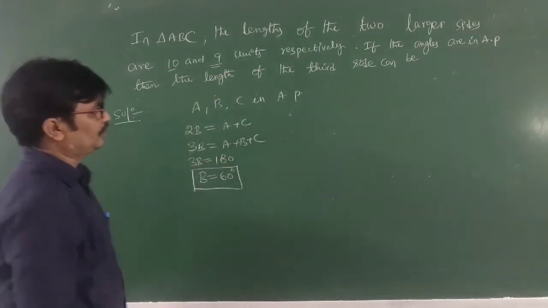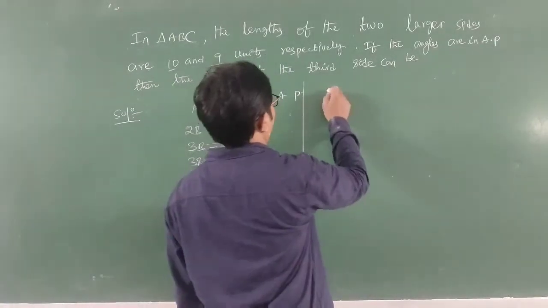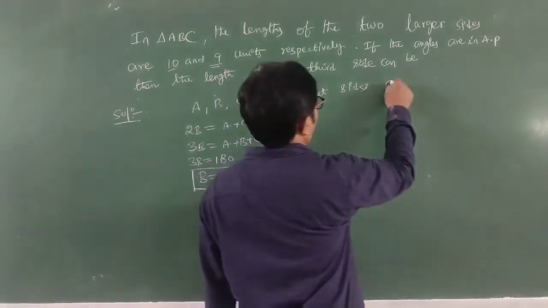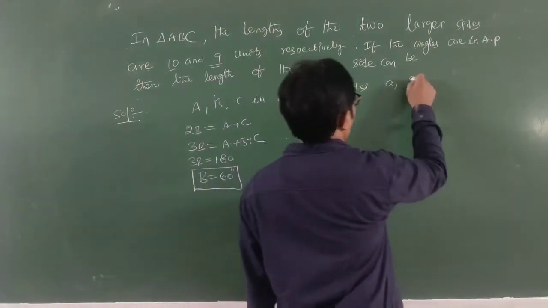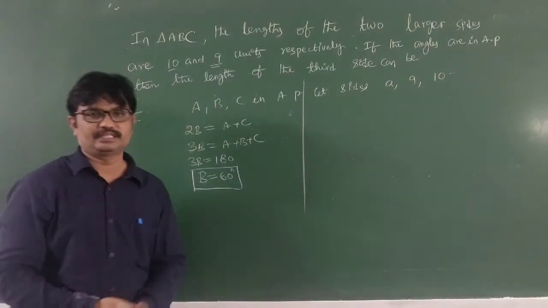So here, undoubtedly, the sides are small a, 9, 10. Here the small a is the least side.